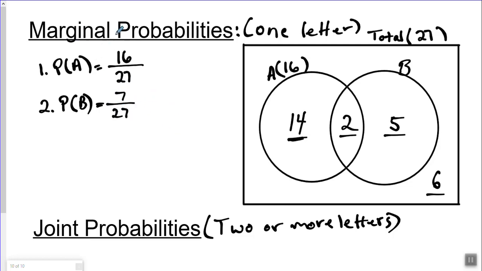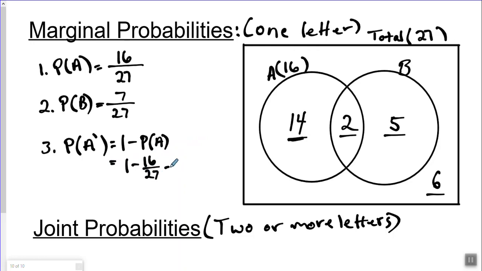Now the rule for a marginal probability is that it only has to have one letter. So what if I asked you about the complement of A? Is that just one letter? Absolutely, it's still just one letter. So A complement is going to be 1 minus the probability of A. In this case, it's 1 minus 16 over 27. What I like to think of when I'm subtracting from 1 is I just think, 16 plus what number is 27?